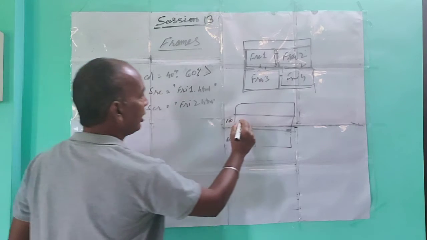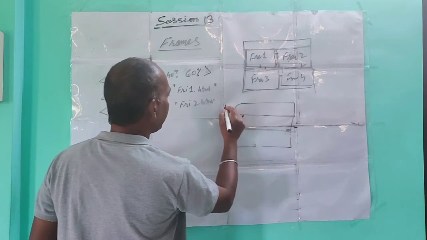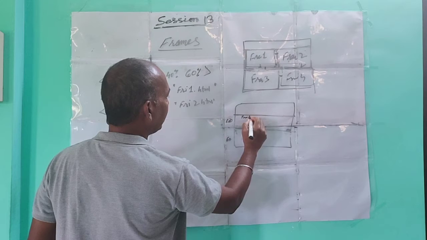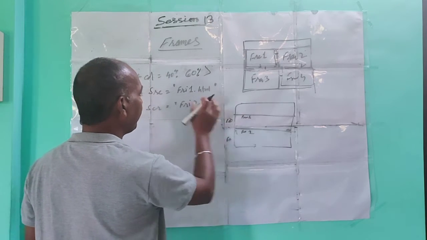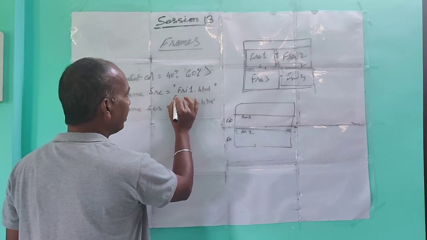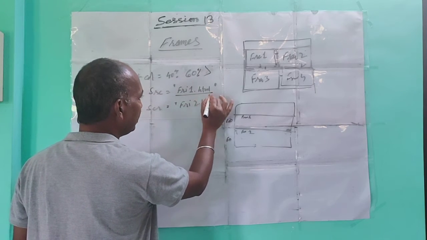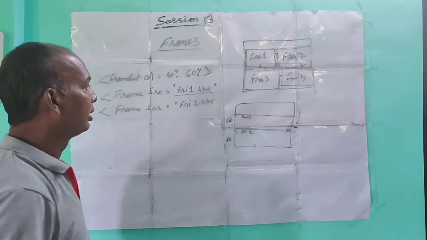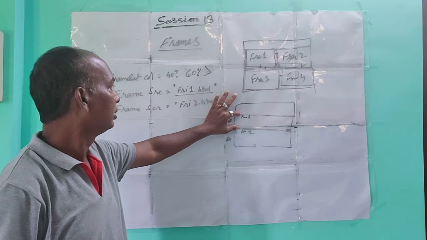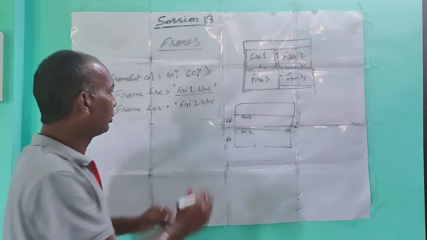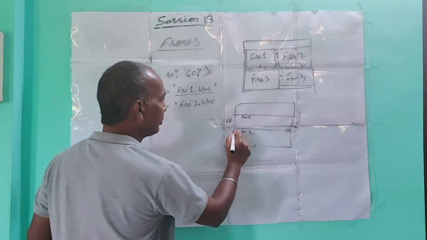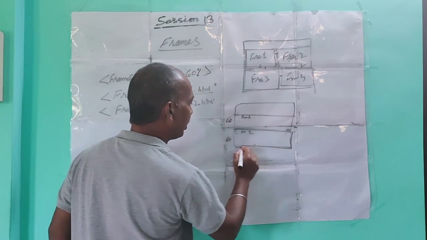So the first one you get here is fri1, and here you get fri2. In this part, whatever is written in the fri1 HTML document will display here. In fri2, whatever is written in the fri2.html document will display in this part.